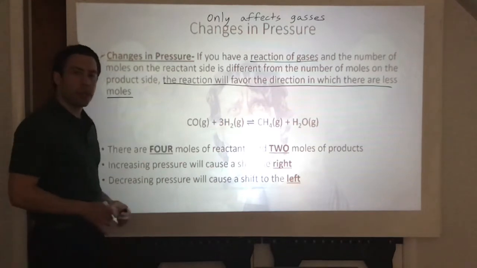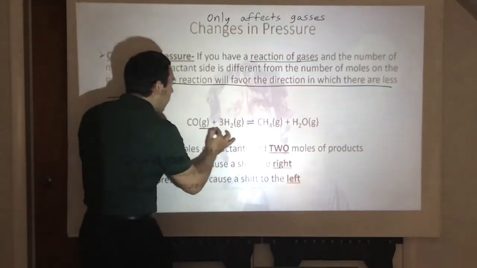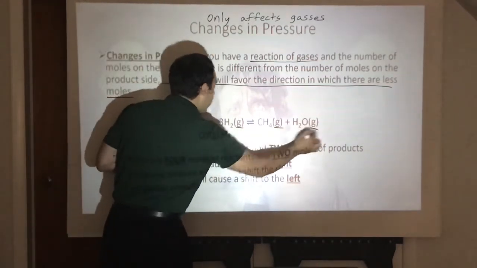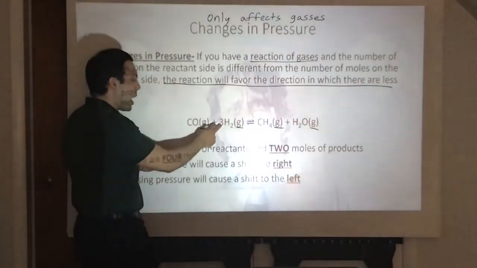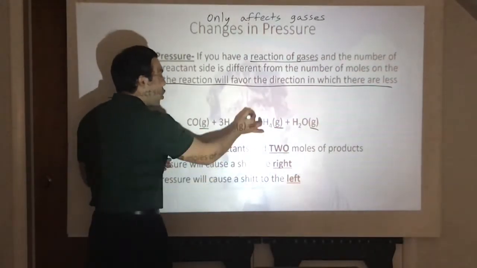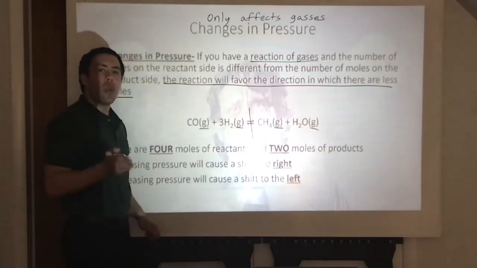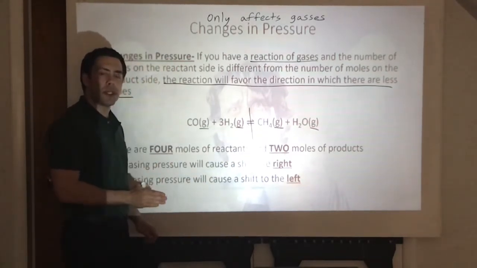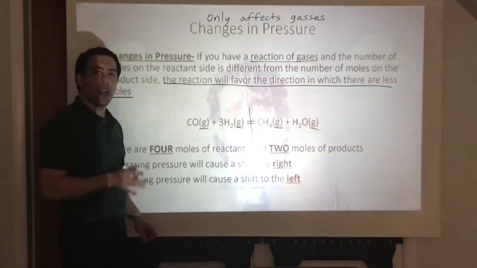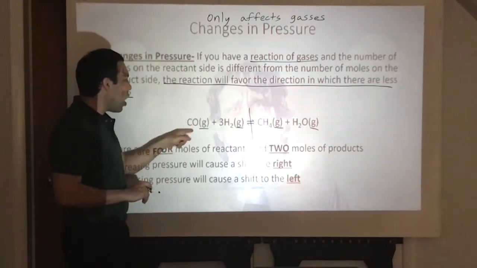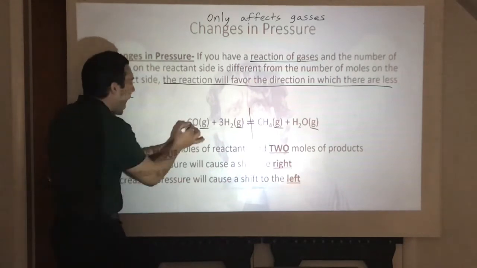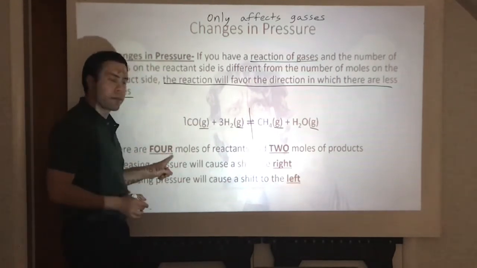Let's take a look at this reaction, in which we have only gases. We have, once again, CO gas plus 3H2 gas goes to the products CH4 and H2O. We have to count the number of moles. We do that by counting the coefficient. Now, CO does not have a coefficient, so it has an imaginary 1 in front of it.